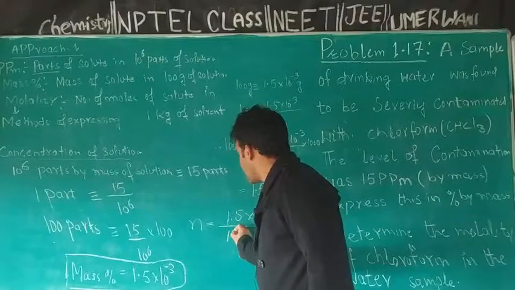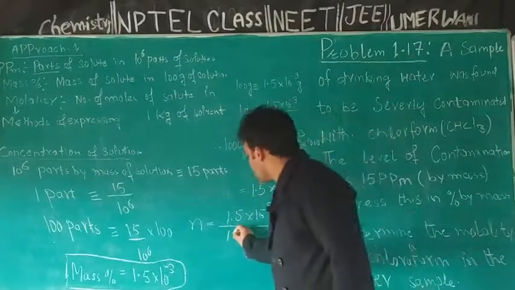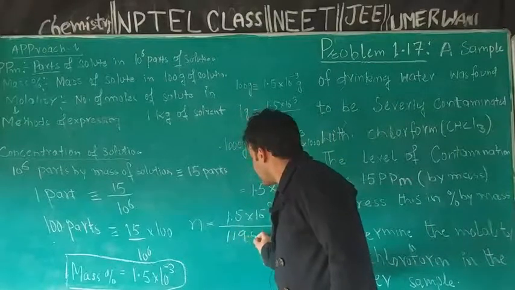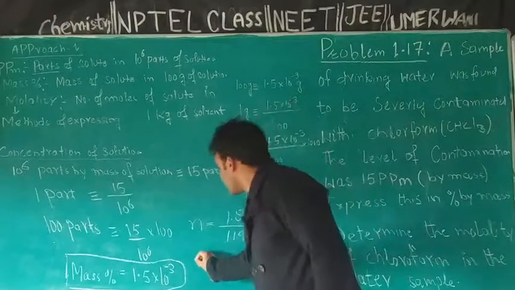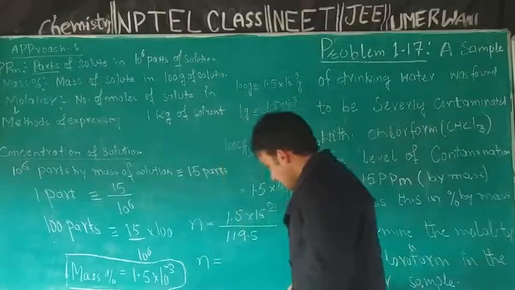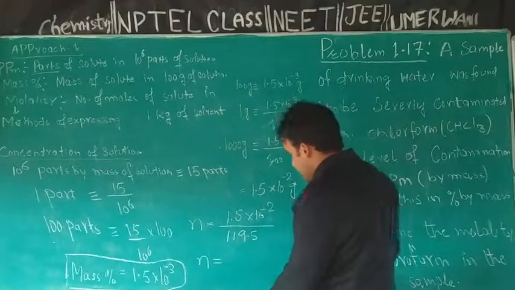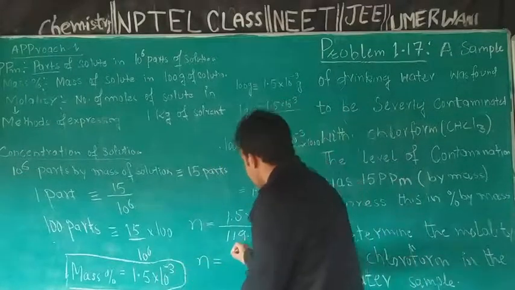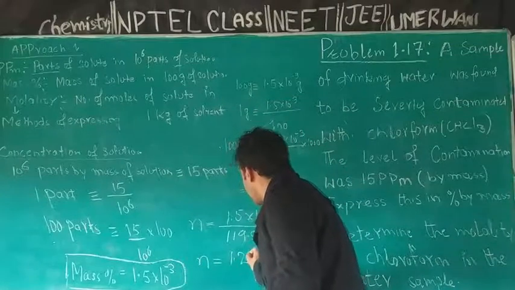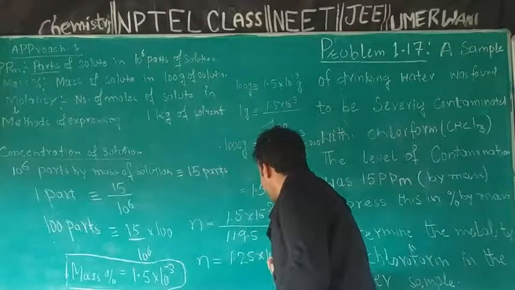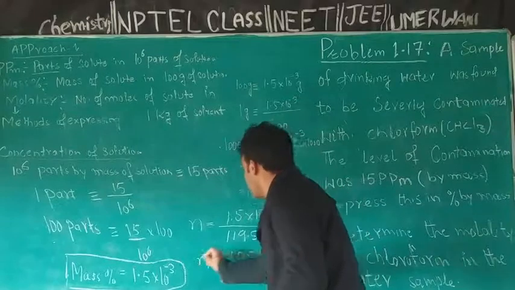Molar mass of chloroform is 119.5, and on solving it comes equal to 1.25 into 10 raised to power minus 4.